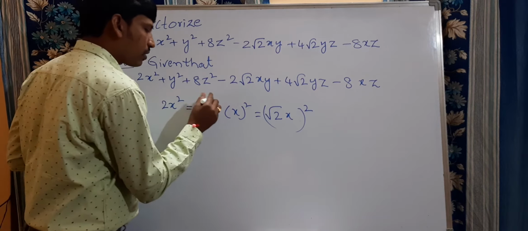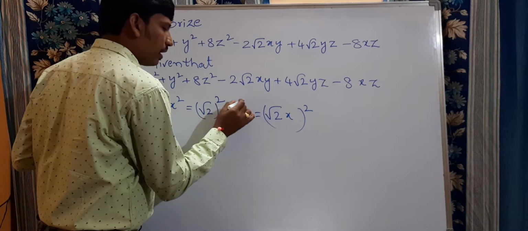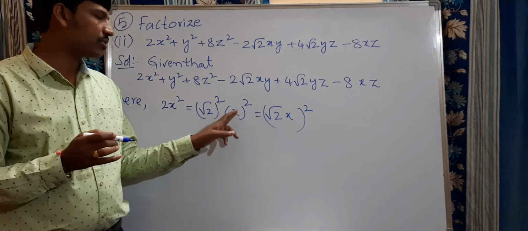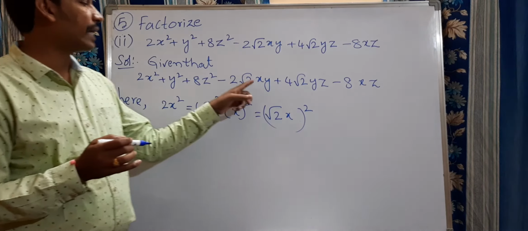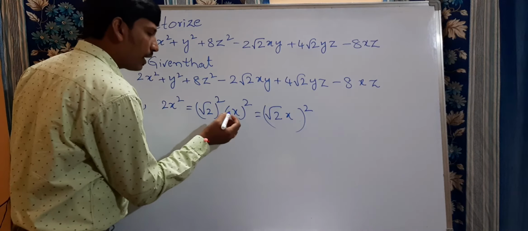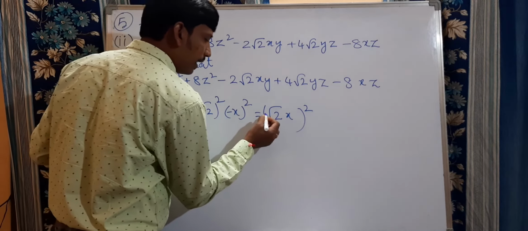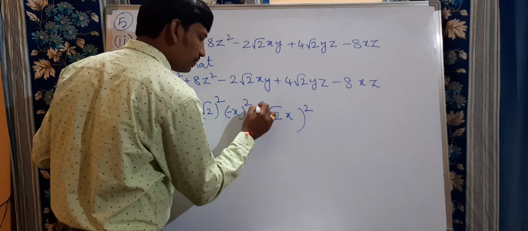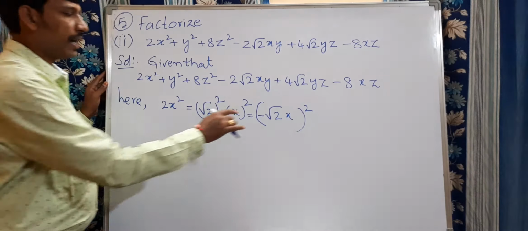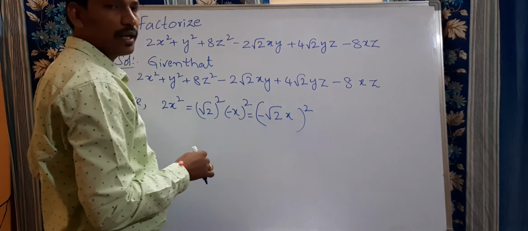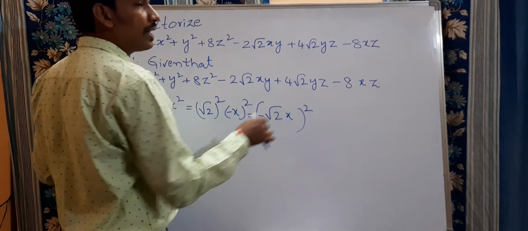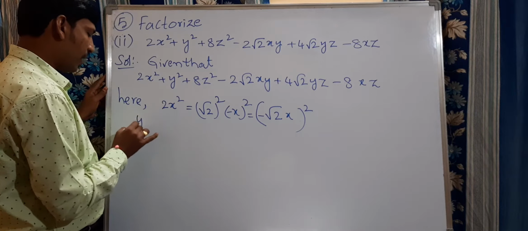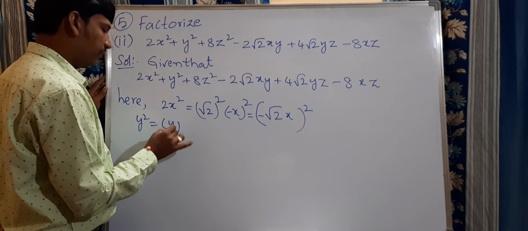This is a square, so here square and square root will get cancelled. The leftover part will become 2, and x square will become x. I told you x must be negative, so keep here minus and here minus. So this term will be negative. Clear, my dears? Minus root 2x whole square: minus to the power of an even number is always positive. Now next, y square will become y square only.